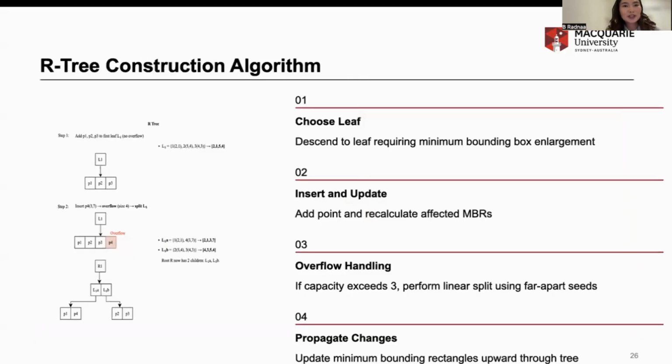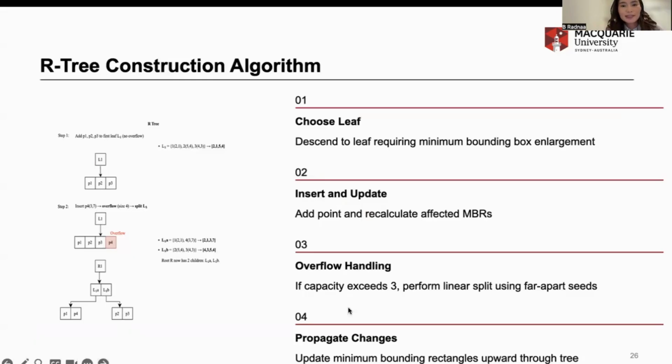In terms of the R-tree construction algorithm, I built the R-tree using the classic algorithm. As you can see, there is an R-tree structure I included. Firstly, choose leaf: descend to the leaf requiring minimum bounding box enlargement. Secondly, insert the point and update the bounding box.